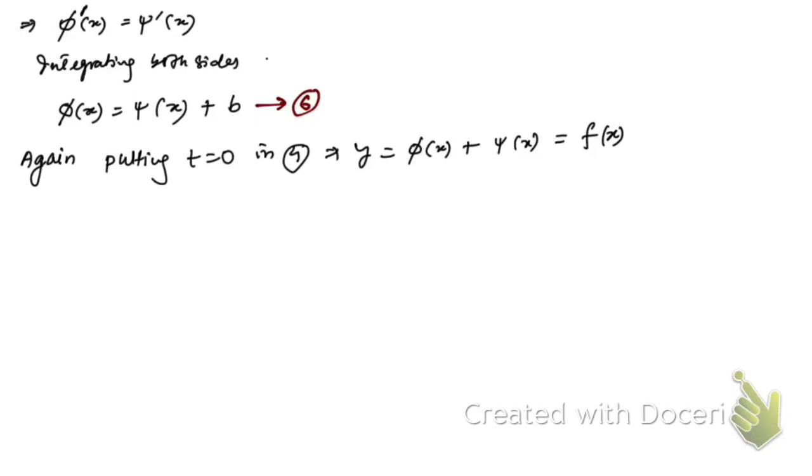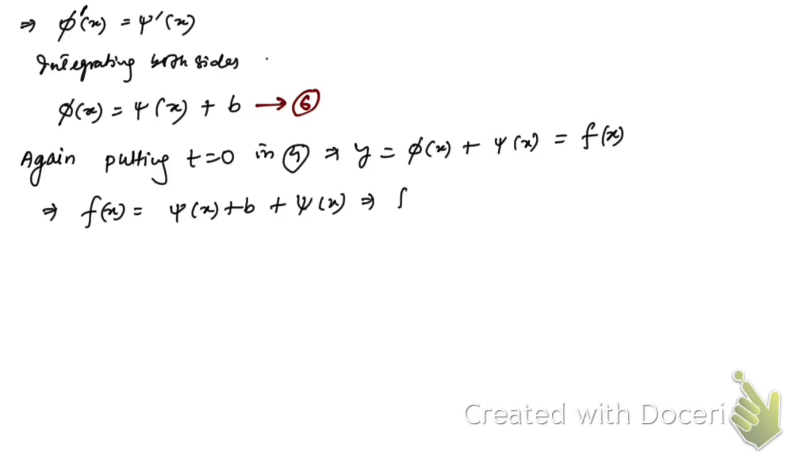So now what we can do here, let us put this value of phi here using 6. What we're gonna get, f of x is equal to, instead of phi of x we're gonna get psi of x plus b, then plus psi of x.